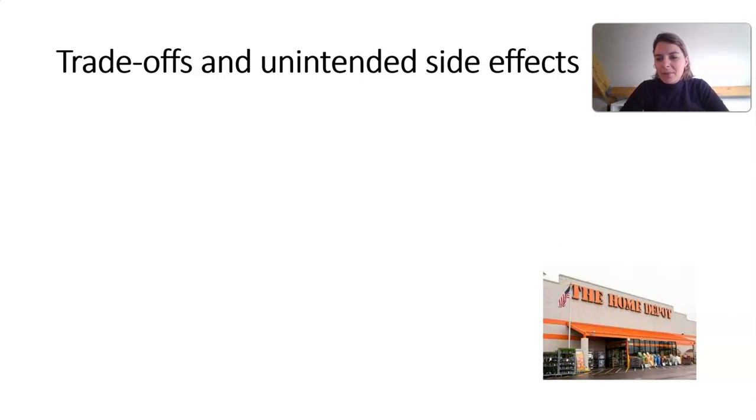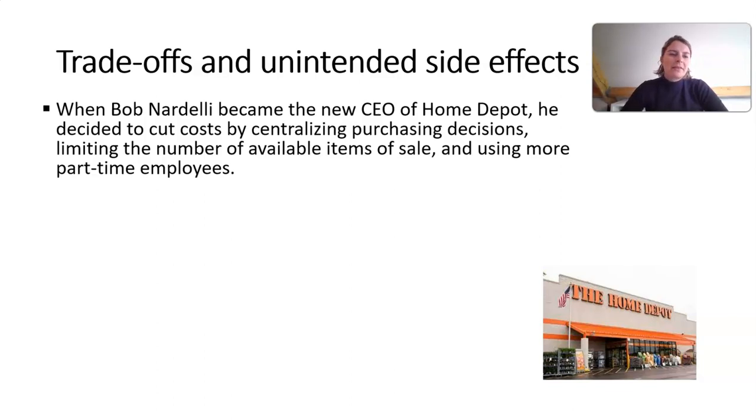It's a US example of an organization called Home Depot. What happened here is that Home Depot got a new CEO, and he thought, what I'm going to focus on is cutting costs. So he installed a cost reduction program. He wanted to cut costs by centralizing the purchasing decisions.